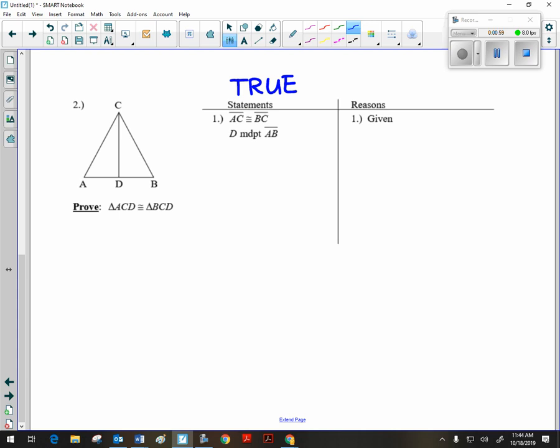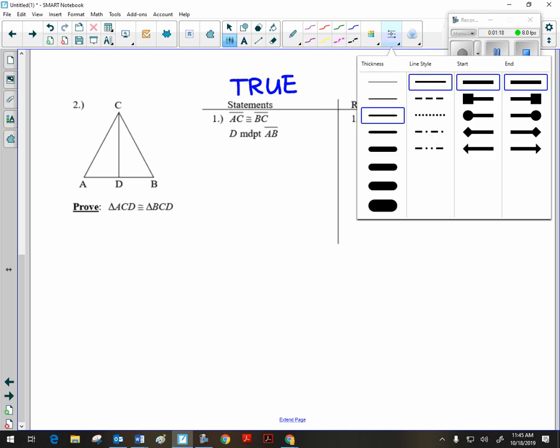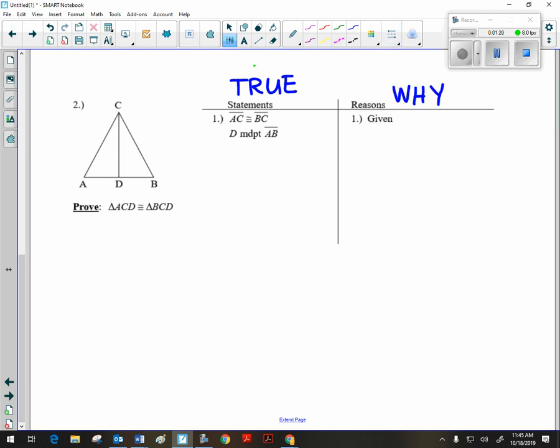And the reason column basically is telling you, or whoever's reading your proof, why we know those things to be true. You can see statement number 1 does list 2 important facts, and according to statement number 1, the reason is that it's given. So in other words, that information comes with the problem. I think that's important to note, that things can come with the problem.